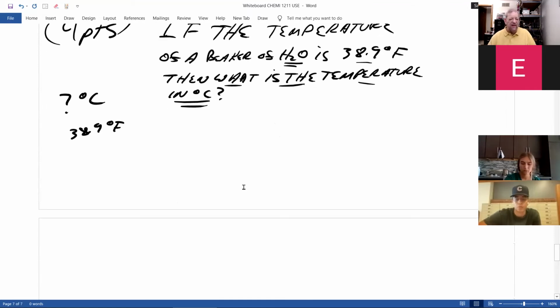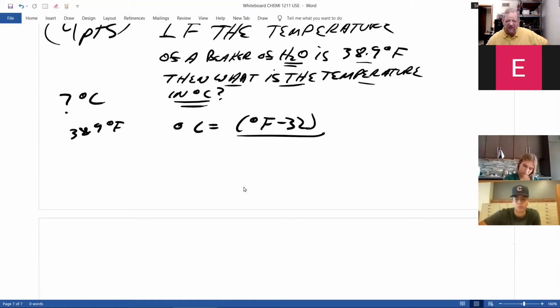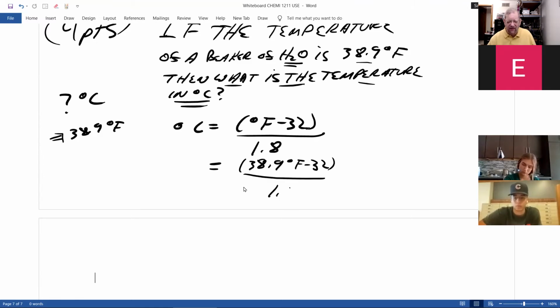There we go. All right, so degrees C equals degrees F minus 32. Dr. White's memorized these because I've used them enough, divided by 1.8. Now, we took the time to figure out what's degrees F, so I can put 38.9 degrees F minus 32 over 1.8.